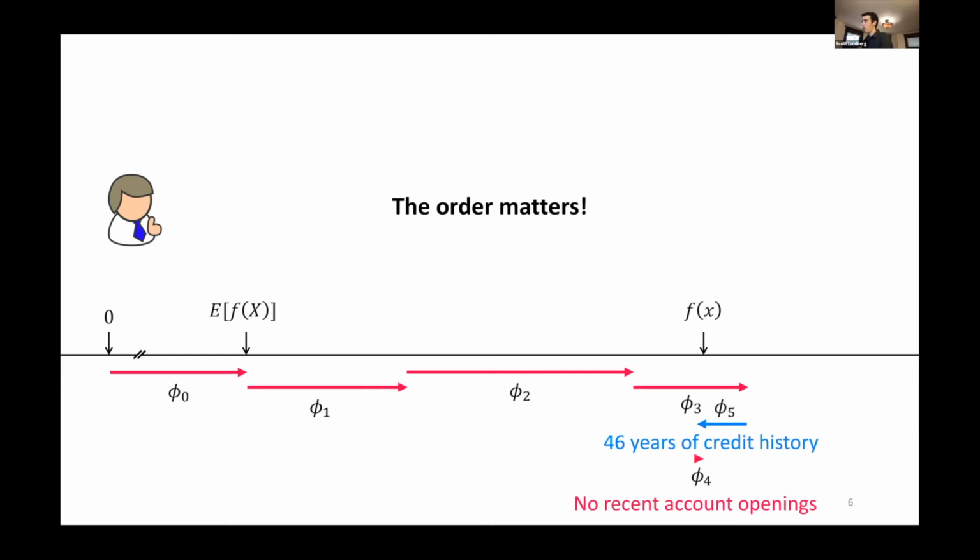Okay, so once we know that he has 46 years of credit history, the fact that he had no recent account openings is not helpful at all, right? So it actually doesn't improve his chances to have no recent account openings if he's had a really, really long credit history. But otherwise it does. And this type of interaction effect kind of begs the question, okay, maybe there's lots and lots of ways to assign credit, and we haven't really identified a good way to explain the model yet.